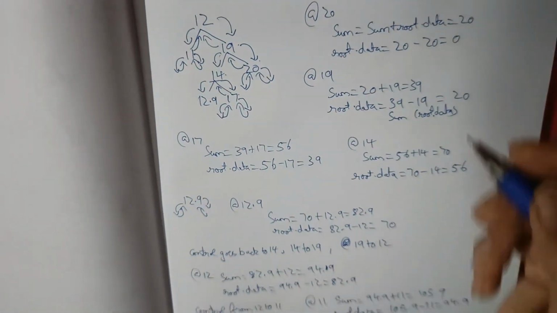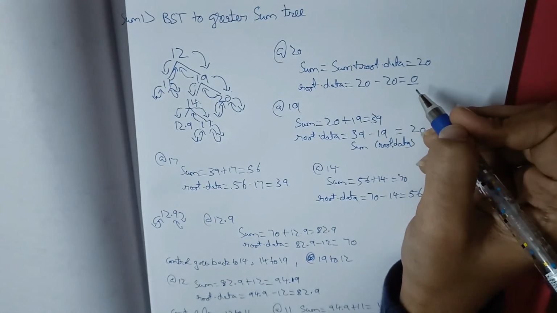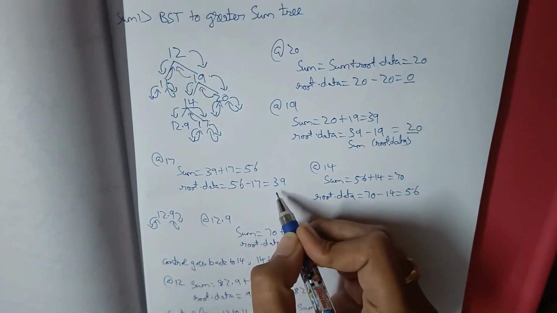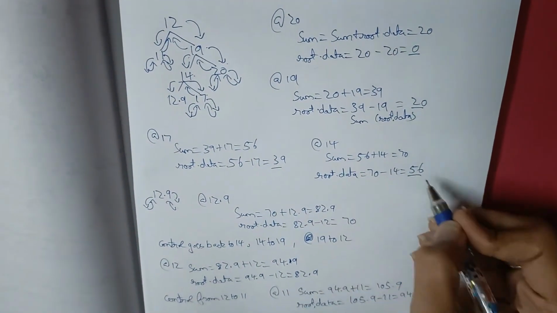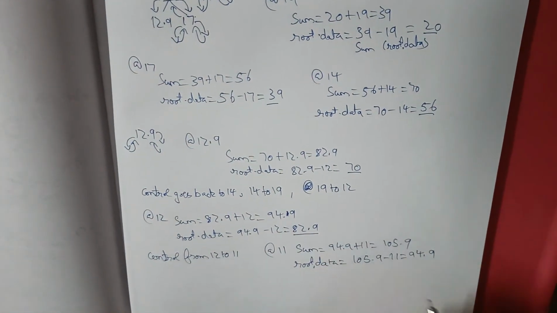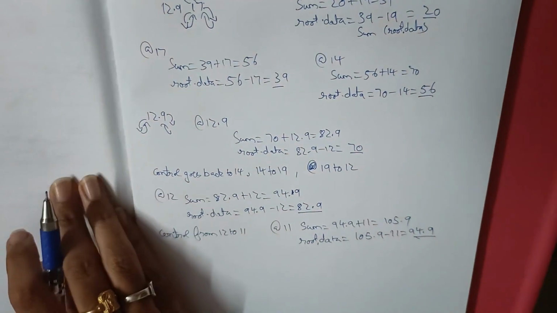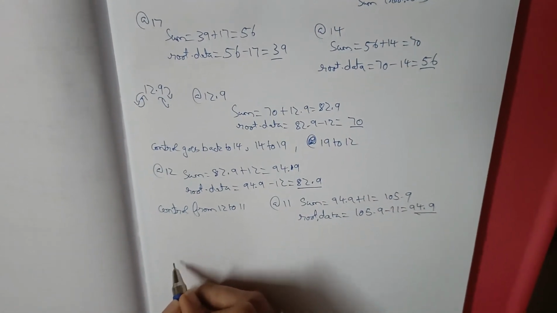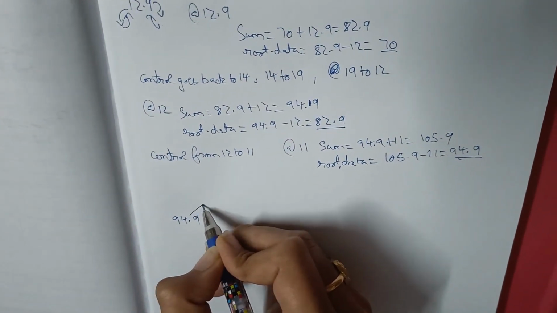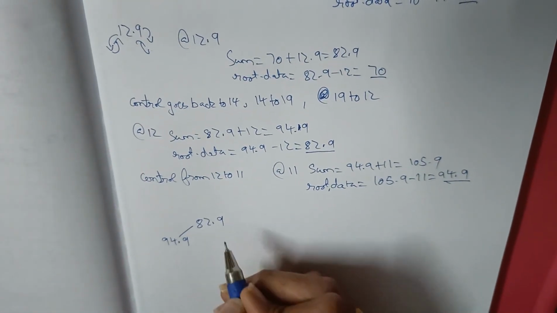So if you see here, the values which make the greater sum tree are 0, 20, 39, 56, 70, 82.9 and 94.9. So I'll try to draw the greater sum tree here. 94.9 replaces 11, and 82.9 replaces 12.